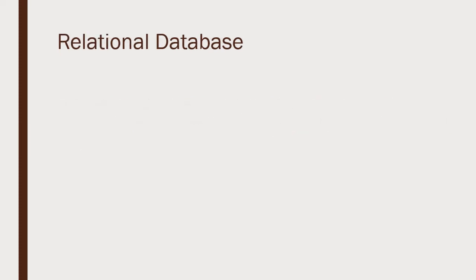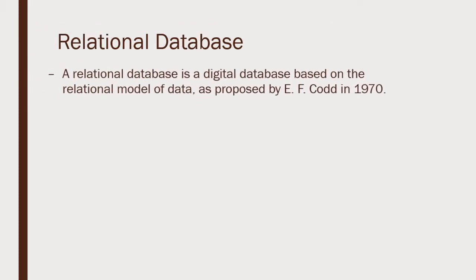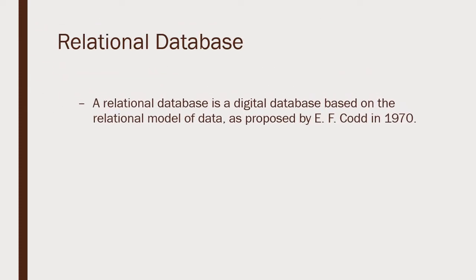Relational database. A relational database is a digital database based on the relational model of data as proposed by E.F. Codd in 1970. This model is very popular and useful. Nowadays, this model is used.